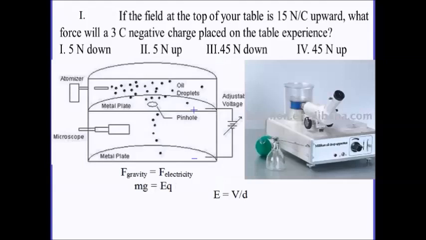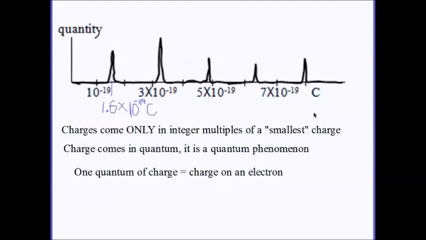And I would expect you to know the results of the Millikan experiment, which was, and I would accept 2 different answers as equally valid. You could say the Millikan experiment found what the charge on an electron was, or you could say that the Millikan experiment found that charge was quantized, was a quantum phenomenon. Either one of those would be good answers.